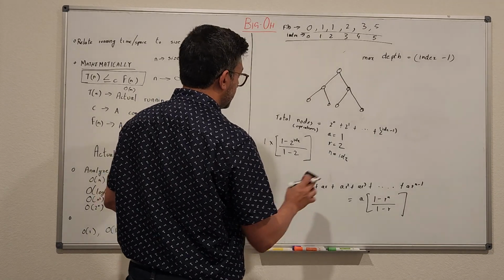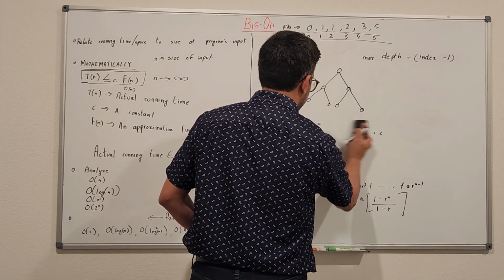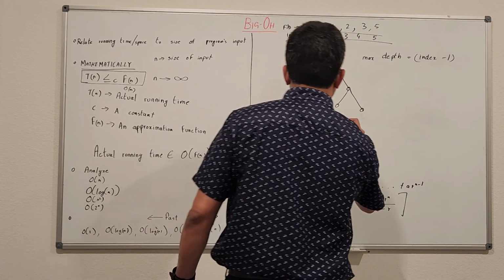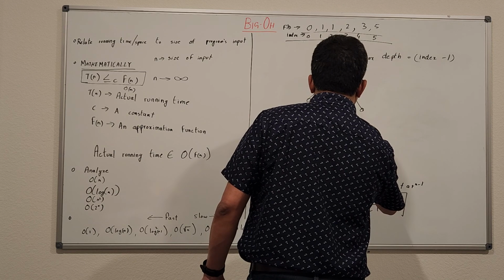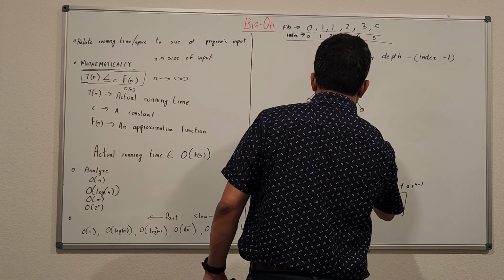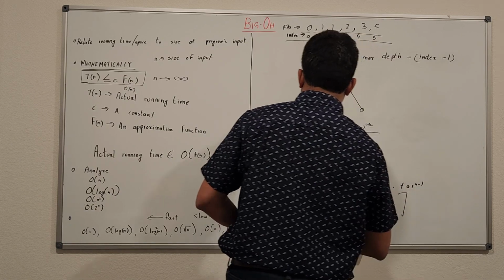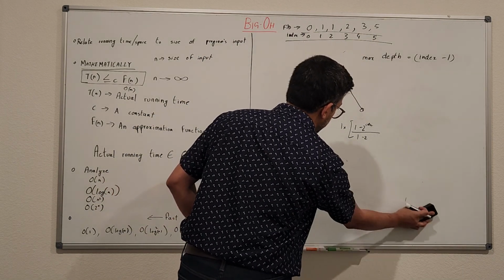So let me write that here. Total number of nodes is one into 1 minus 2 raised to index over 1 minus 2. This is my total number of operations.